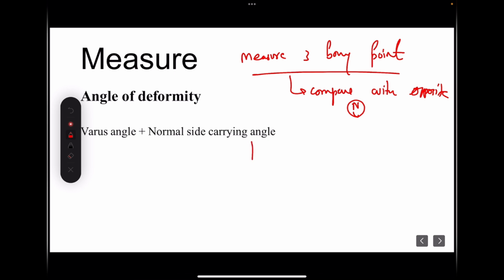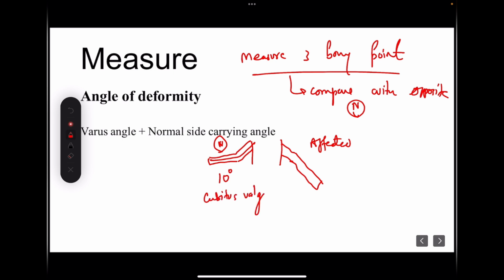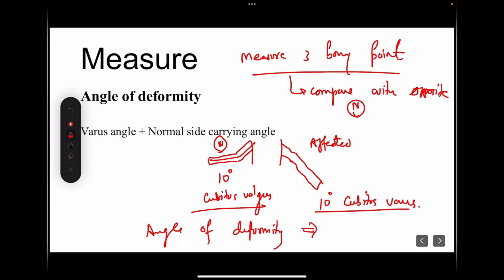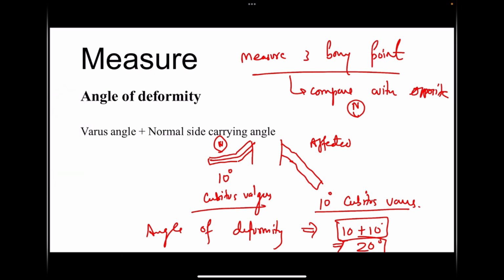If a child has a normal valgus angle on the normal side and cubitus varus deformity on the affected side, say the normal side has 10 degrees of cubitus valgus and the affected side has nearly 10 degrees of cubitus varus, the angle of deformity will be 10 plus 10, that is 20 degrees, because he should have had a normal 10 degrees of cubitus valgus. So that you should know.